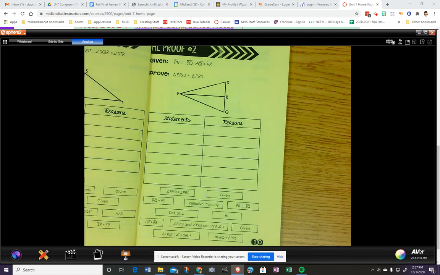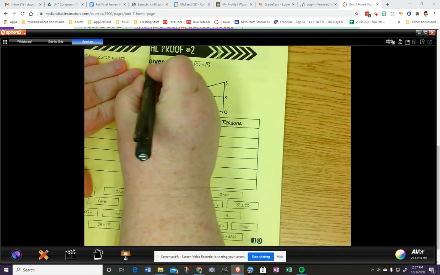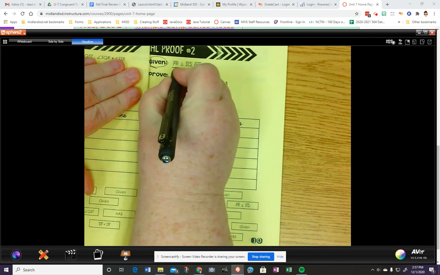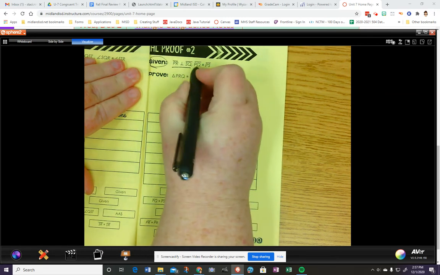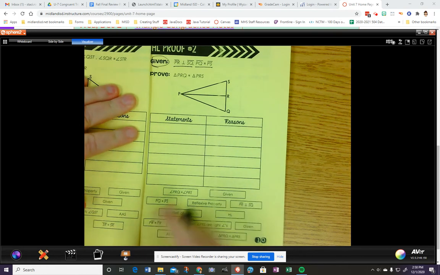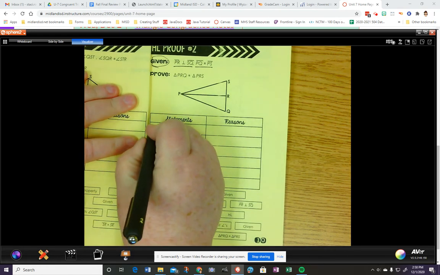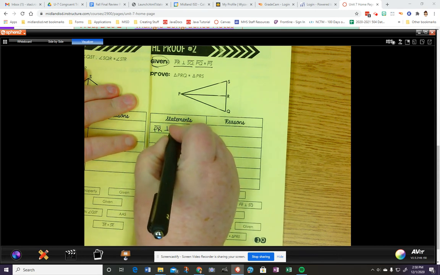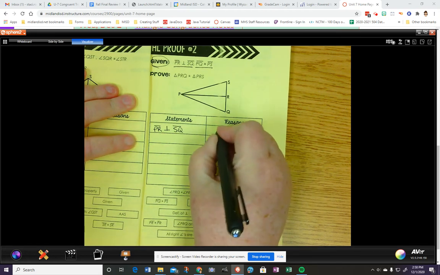Okay, so I have given to me PR is perpendicular to SQ and PQ congruent to PS. So let's write that down. PR is perpendicular to SQ, and why? Because it's given.